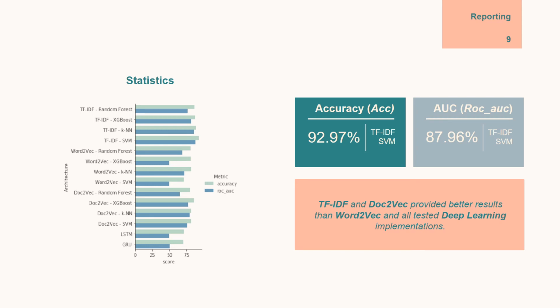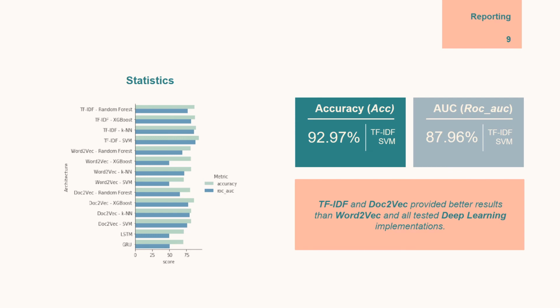In this slide, you can see the statistics in terms of both scores, accuracy and AUC, for all tested architectures, including the natural language processing techniques, both TF-IDF and embeddings, all combined with all four machine learning approaches, as well as the deep learning approaches, which are presented in the plot as the two last categories.